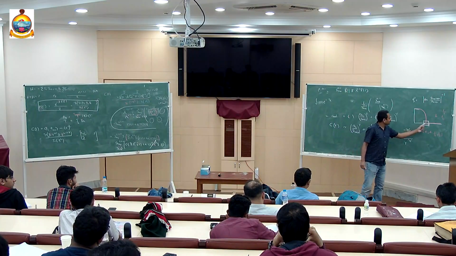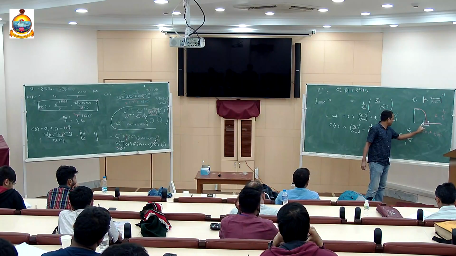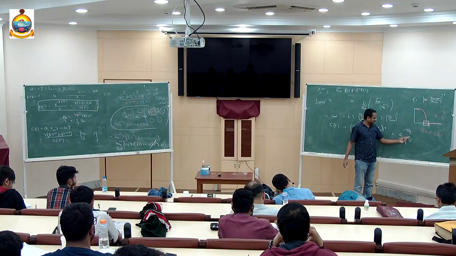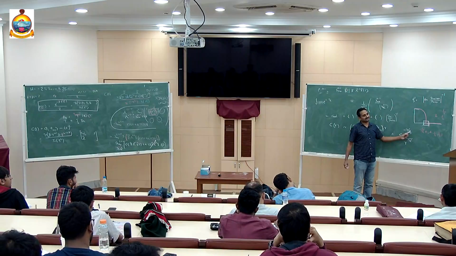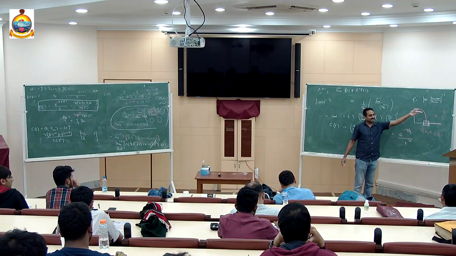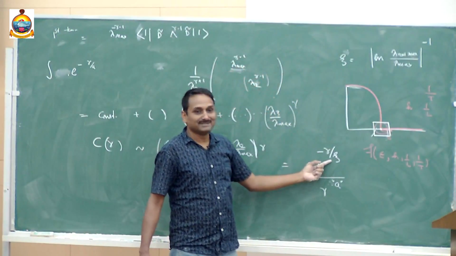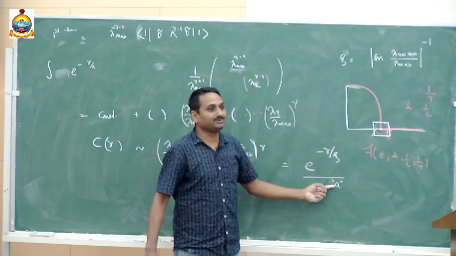So the power laws are strictly available only when xi equals infinity. For any finite xi, no matter how large, the exponential will dominate for sufficiently large r. Any power law you don't see.